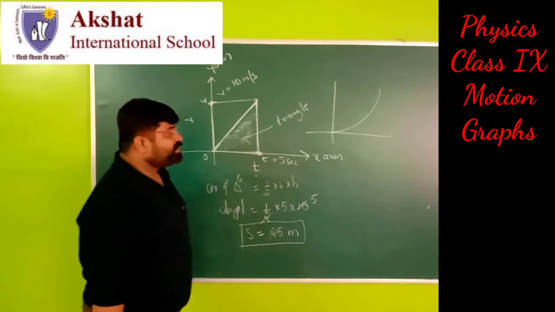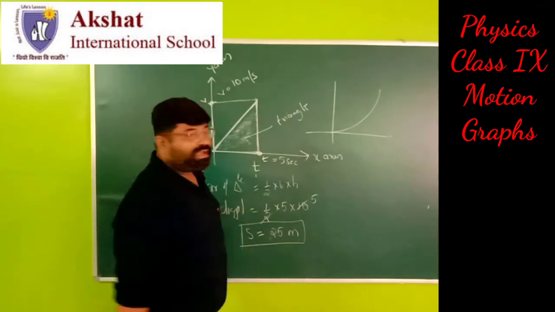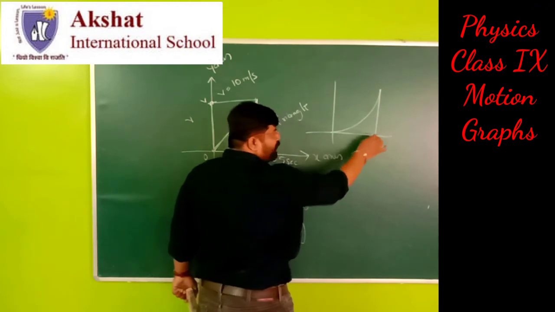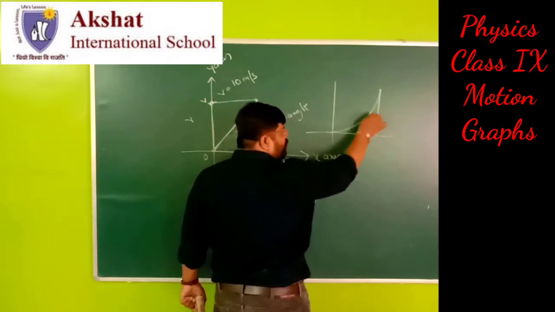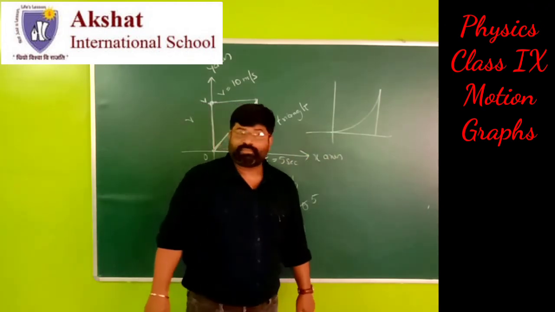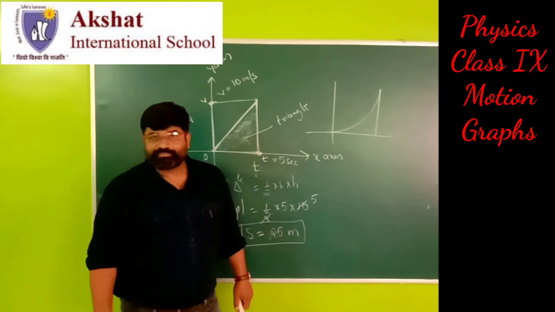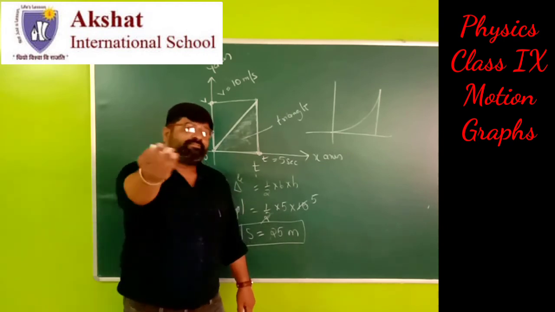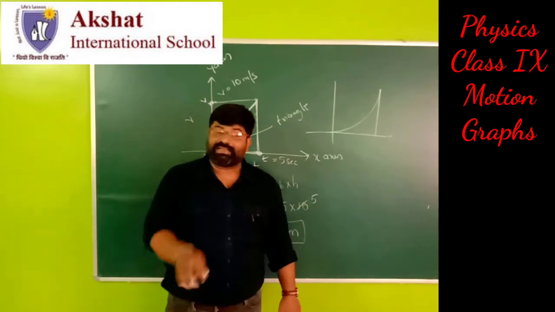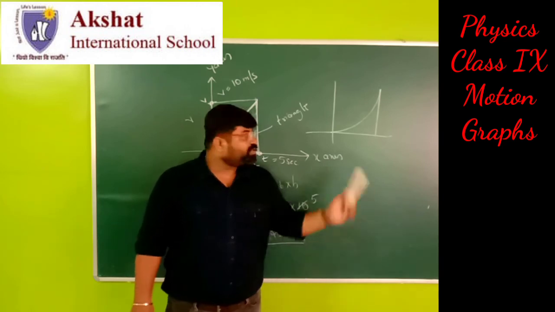So my dear students, in your higher classes, when you go to 11th class, you will study how to find the area under this non-uniform acceleration graph, because this is a geometric figure which we have not studied. There is a separate branch of mathematics, that is calculus, with the help of which we find the area of such graphs.